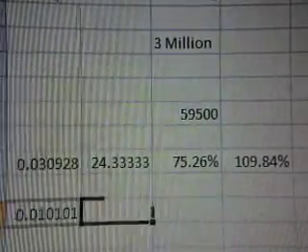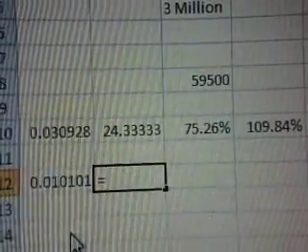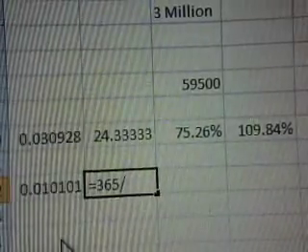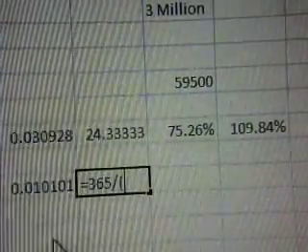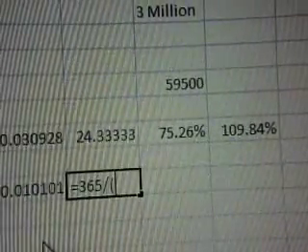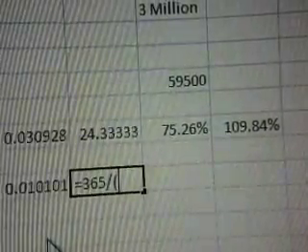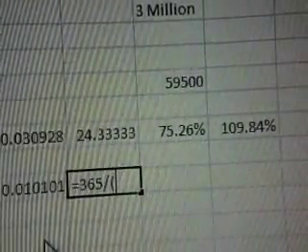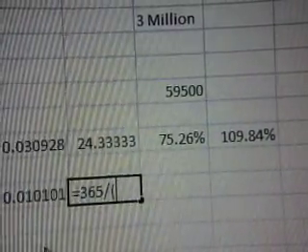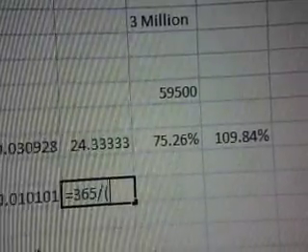Let's move on to the second part. 365 divided by days credit is outstanding. Oh, we are on page 669, formula 16-8. Let me type it also for you.